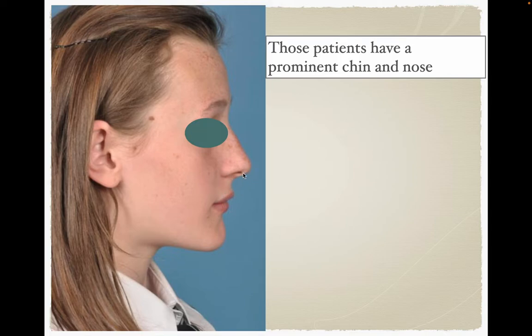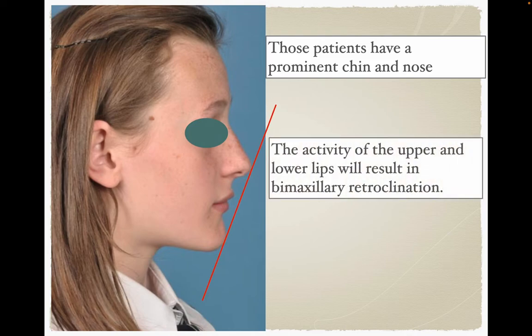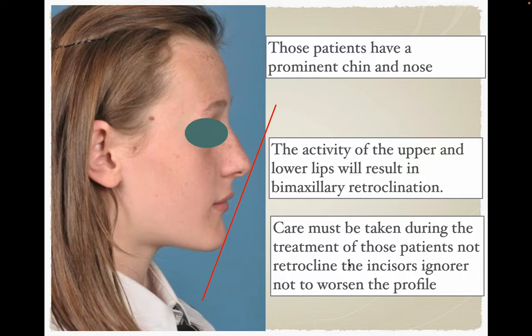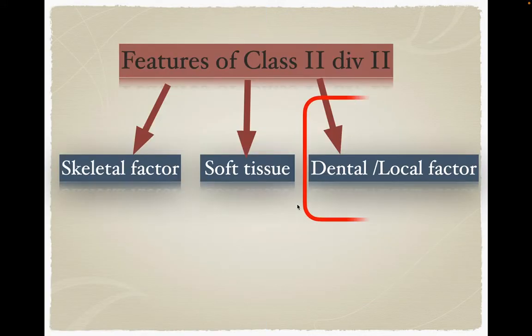So whenever you see a patient like this, you should be thinking of pushing everything forward to try to give support to the upper and lower lip, to be in harmony with the profile of the patient. Now, the activity of the upper and lower lip will result, as we mentioned, in bimaxillary retroclination. And here we mentioned the care we need to take when we do extraction treatment, not to cause dishing in of the patient's profile.